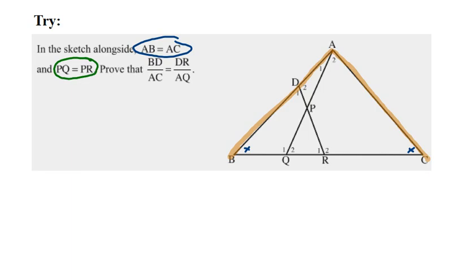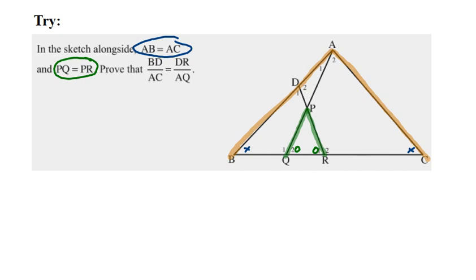Also given is the fact that PQ is equal to PR. So let's find PQ and highlight it. Here's your PQ and there's the PR. So again, another isosceles triangle, so Q2 is actually R1.